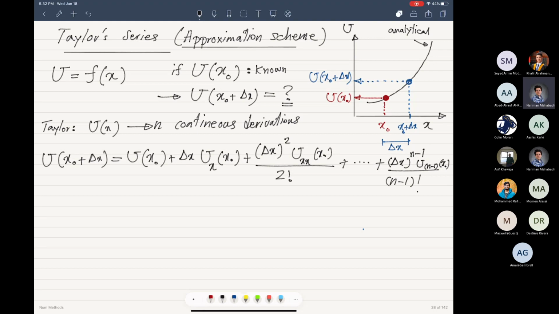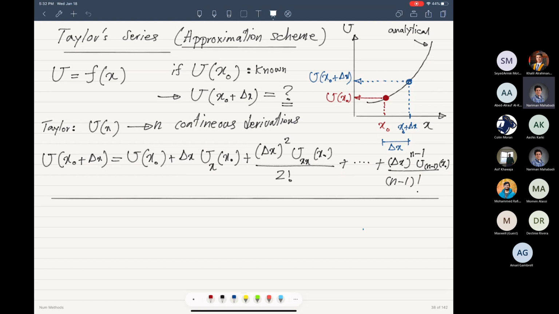So let's see how we can use this Taylor series to find an approximation for a case. And this looks very freaky, right? You have a lot of these functions and derivatives, but the good news is that you don't need to use all of them.